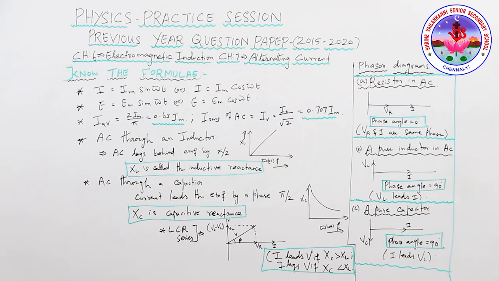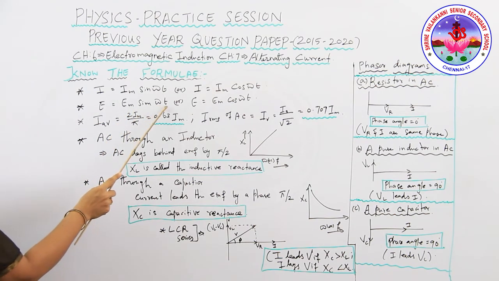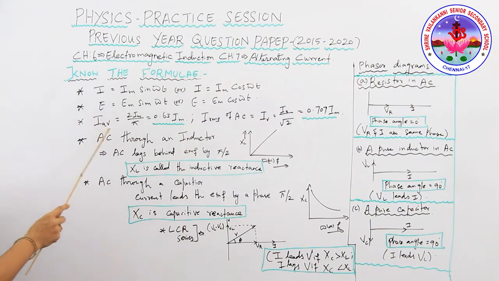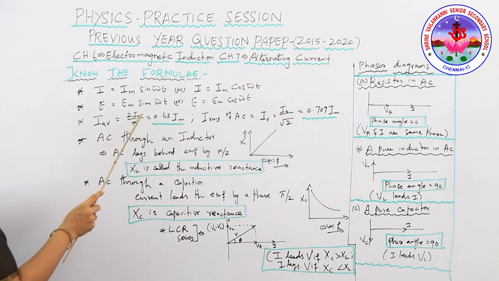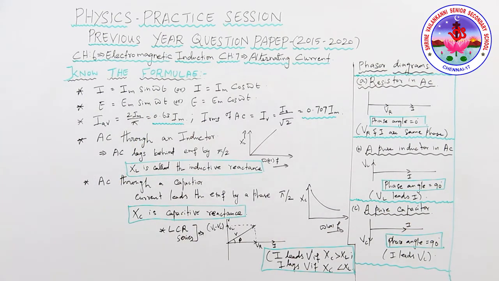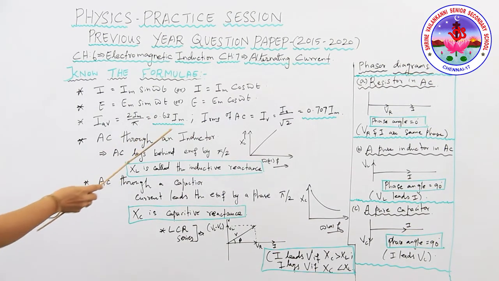So we can say that the EMF of the alternating voltage is E = Em sin ωt, or E = Em cos ωt. Here the I average is equal to 2Im/π, the value is 0.636 Im.